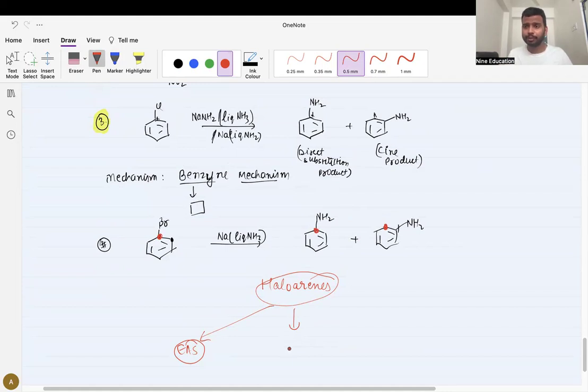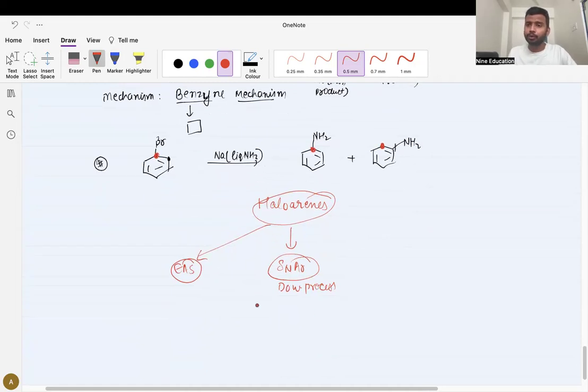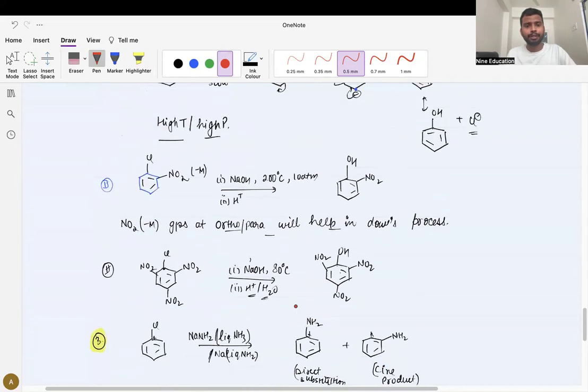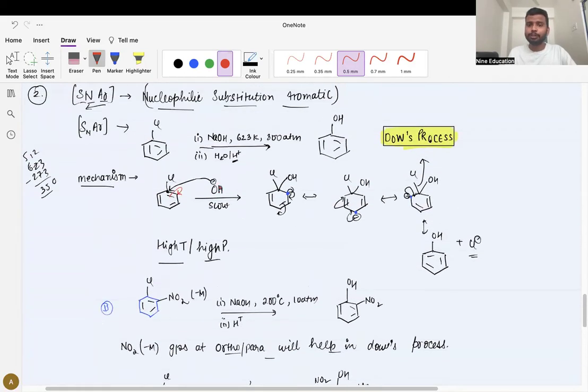The second mechanism, which we learned today, was SNAr, which was the Dow process. We also call it the addition and elimination process. It means once OH minus is added on the benzene ring, now Cl minus will go.